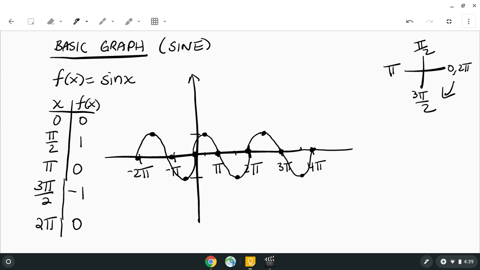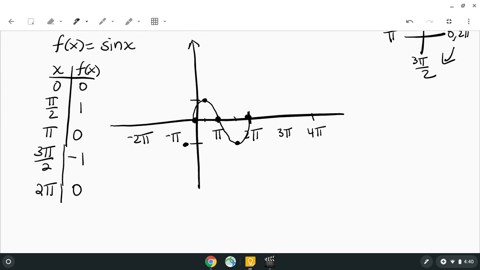But what we become concerned with is just one cycle. One cycle is good enough, one period. So do I need all of this? Nope. If I asked you to graph, then that piece right there, this graph, is good enough, just having the one period. So let me put my axis back.